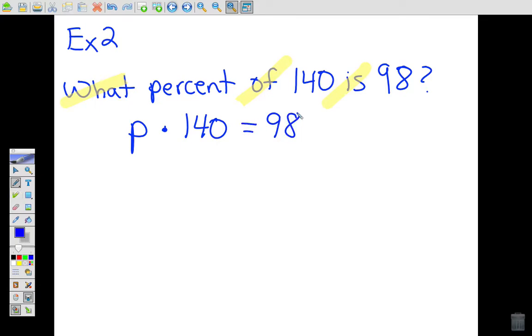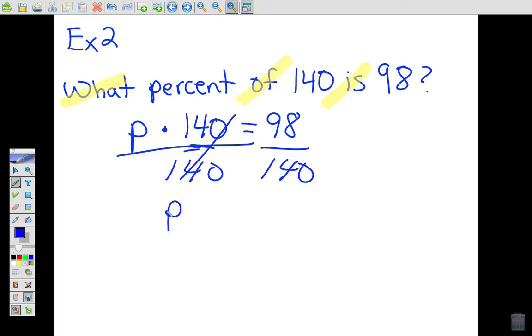Now, notice that this isn't a percent there, so I don't need to move the decimal at all. Eventually, I will have to move the decimal. So they're multiplying by 140. I'm going to divide by 140. These cancel, so P is equal to 98 divided by 140, and I get 0.7.